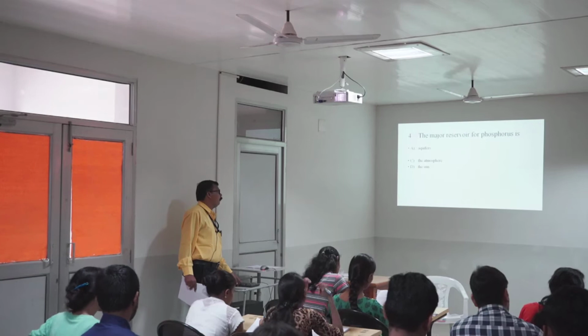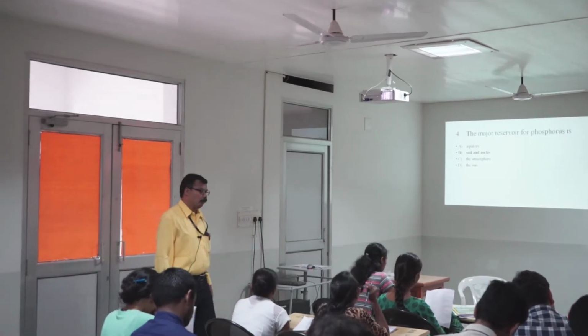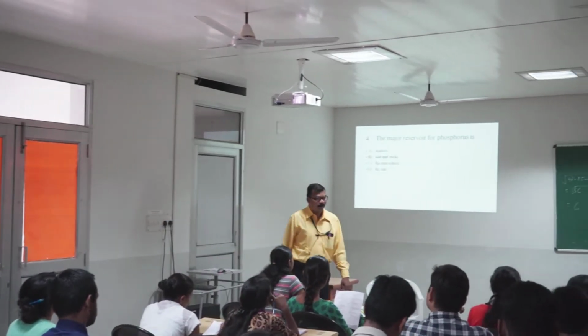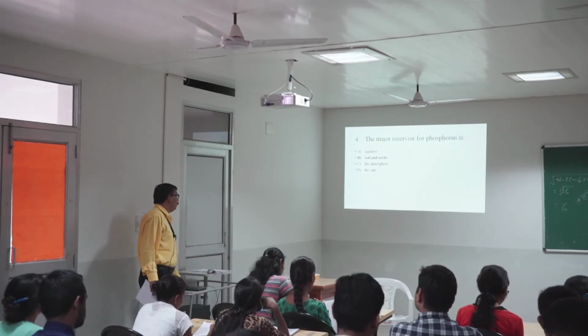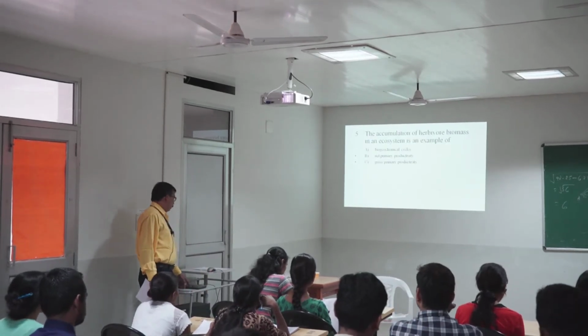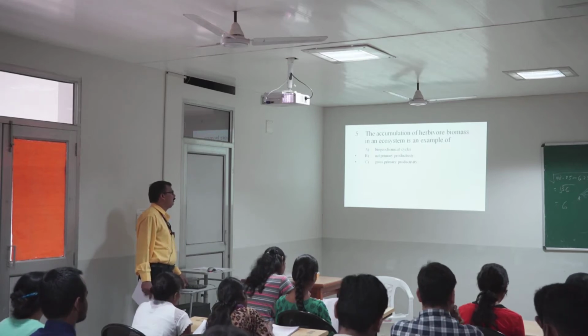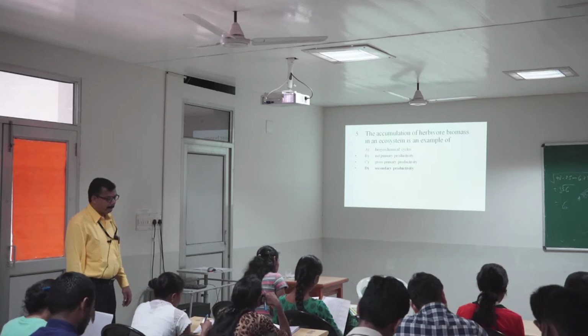The major reservoir of phosphorus is soil and rocks. So you should know about the biogeochemical cycles. The accumulation of herbivore biomass in an ecosystem is an example of secondary productivity.